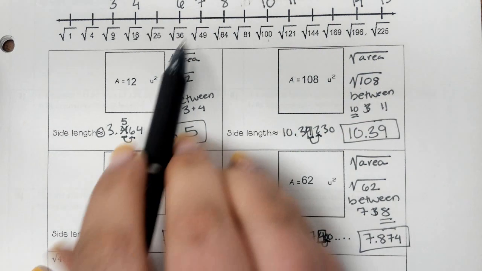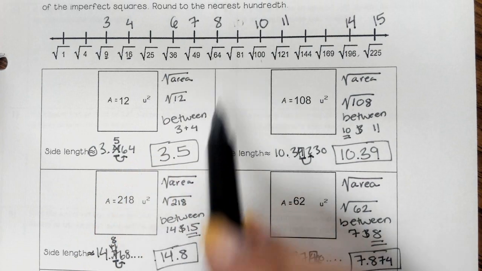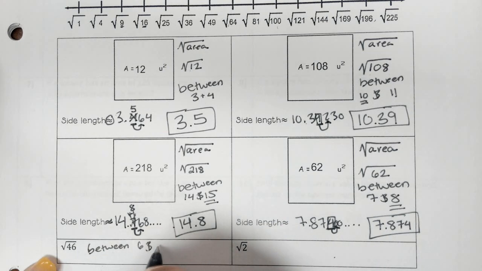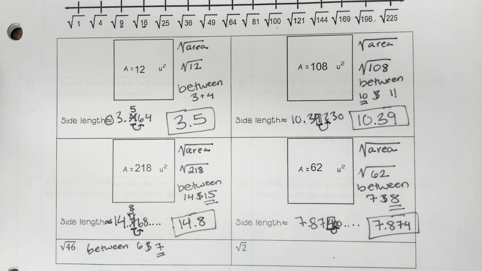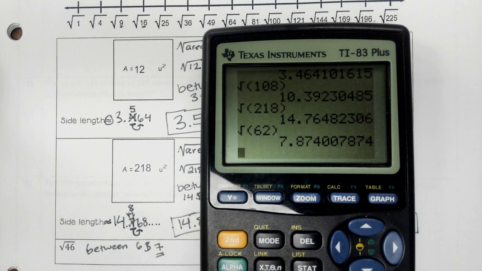And 46 is closer to 49. So the square root of 46 we know is between 6 and 7. And it's a little closer to 7. I'm going to say maybe we're at 6.6.